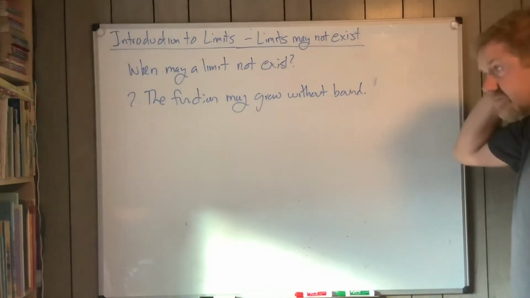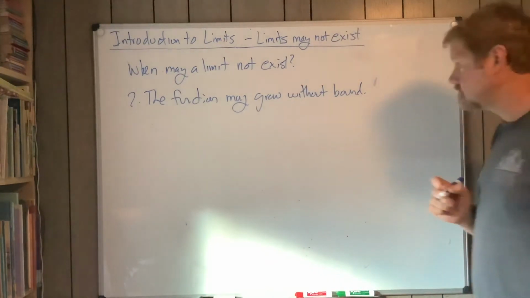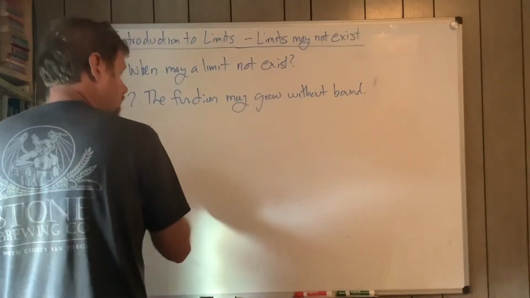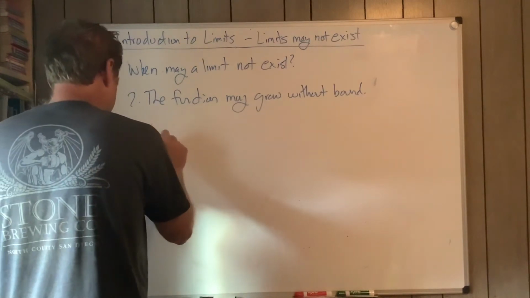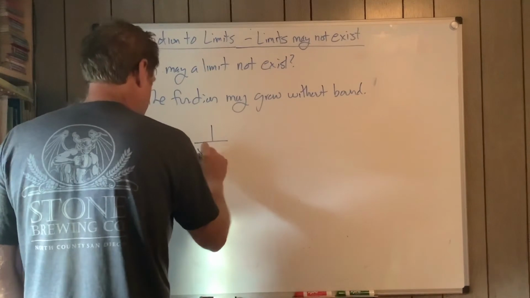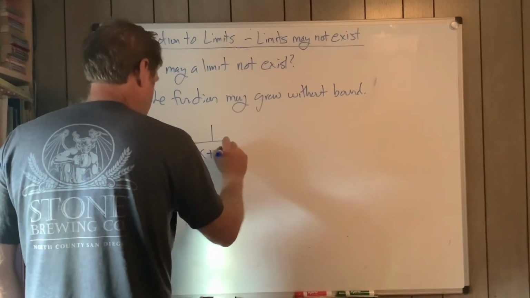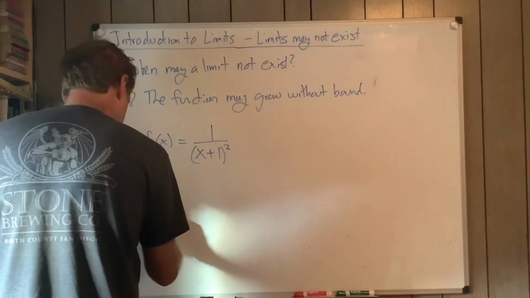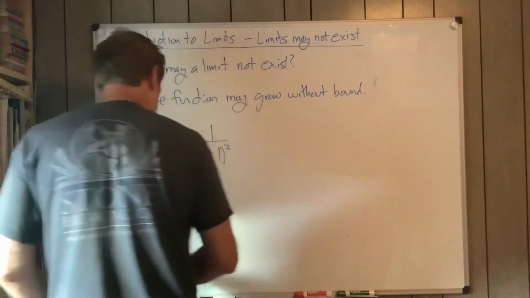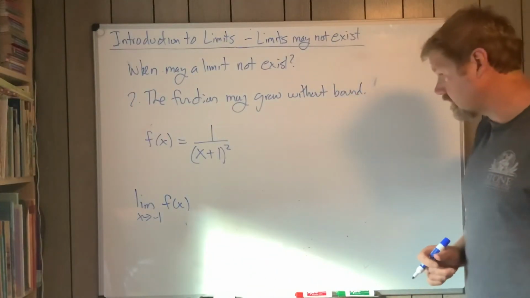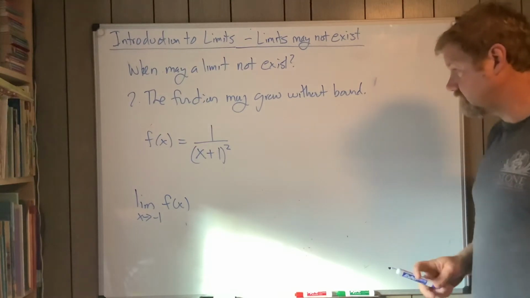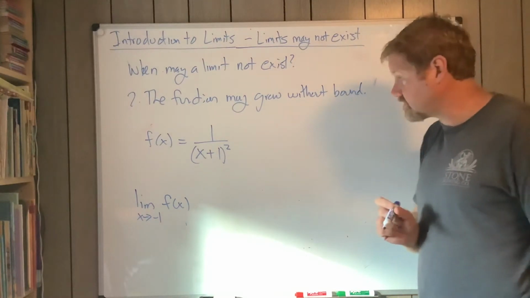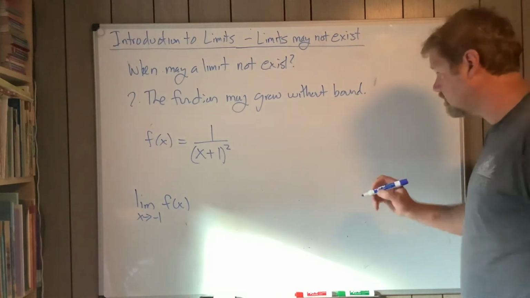Okay, and the next one is the function may grow without bound, is another way that a limit may not exist. All right. And so what I'm going to do is, let's do this function and I want to do the limit as x goes to -1 of this. Okay, and this you may either need to remember back to graphing some rational functions like this, or throw it at Desmos or something.